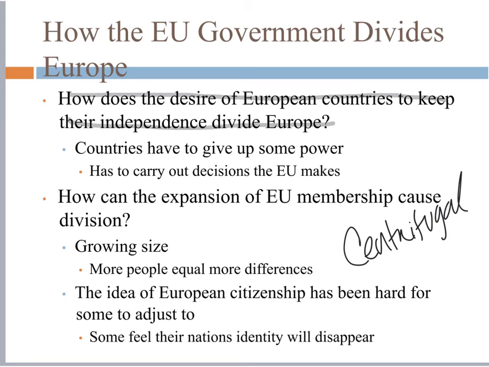Countries have to give up some power, all right? And someone has to carry out the decisions that the EU makes. And so one of the problems that we see is that not always do people agree with the decisions that are made. And even if you don't agree, you still have to follow the rules.